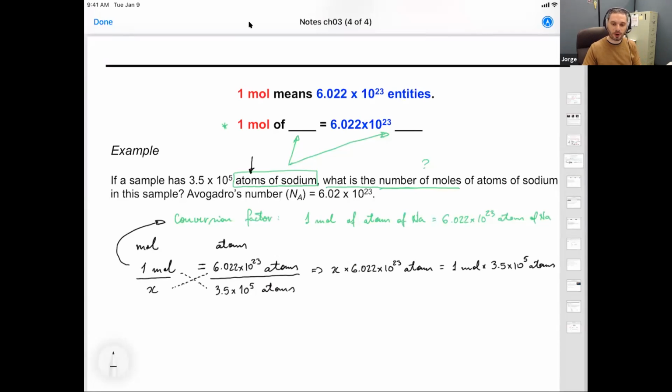Okay, if you got all the way to this step, now it's just math. So be very careful with the powers here.